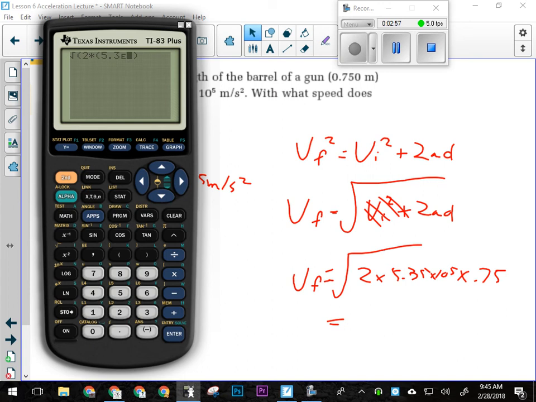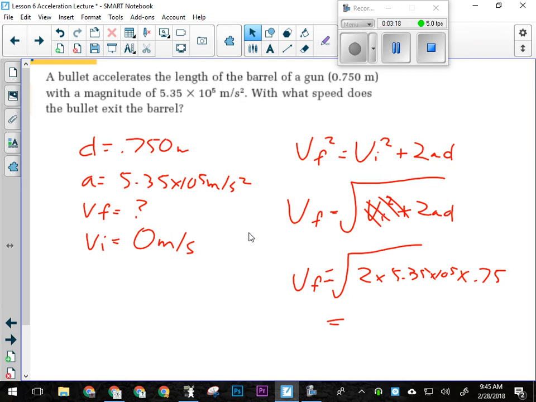Keep missing numbers here. There we go. And then times 0.75. So it's going to leave the barrel at 895 meters per second. Do we have 3 significant figures there? 3 significant figures. So 895 meters per second.